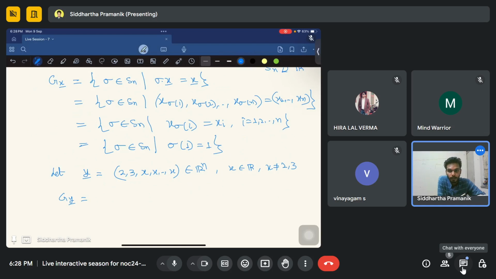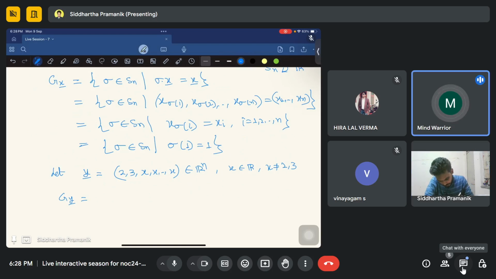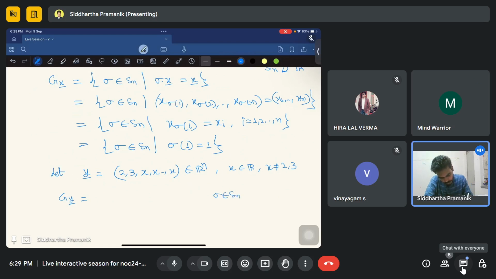Yeah, anyone? So similarly, the permutation which sends 1 to 2 and 2 to 3. Sigma belongs to Sn such that 1 goes to 2 and sigma of 2 equals 3.